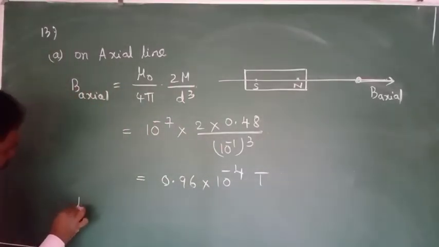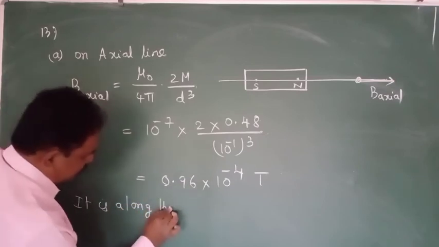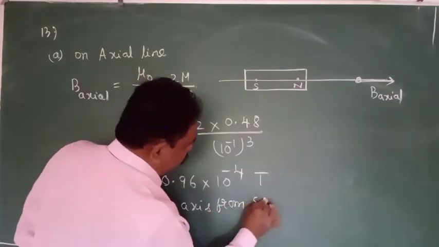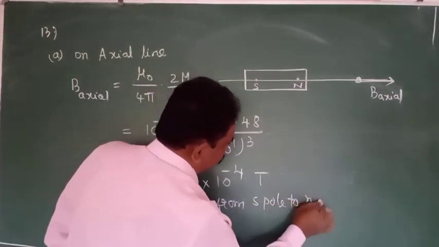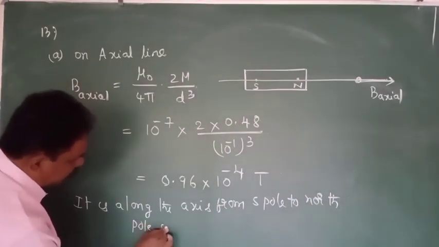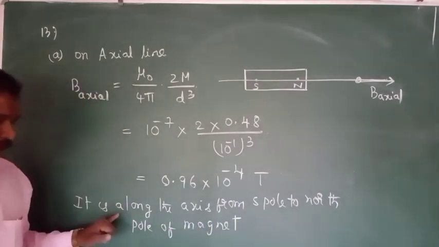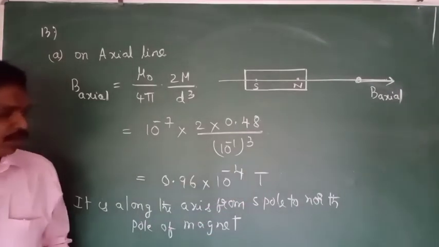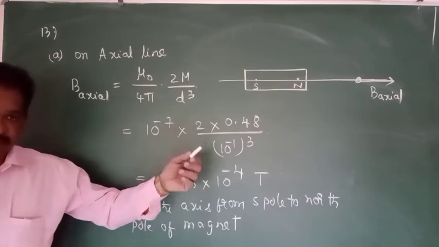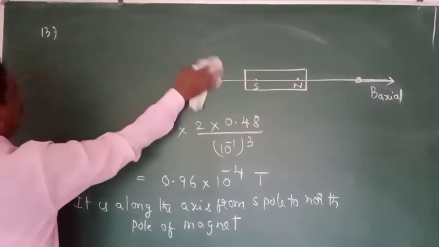So, it is along the axis from south pole to north pole of the magnet. That is the magnetic induction on the axial line. Next, magnetic induction on the equatorial line.